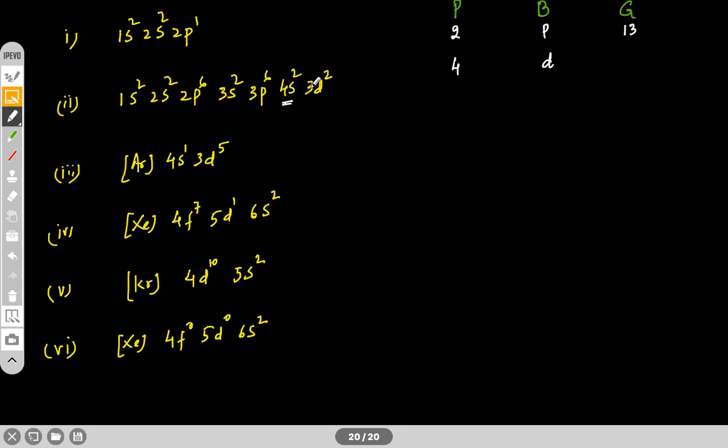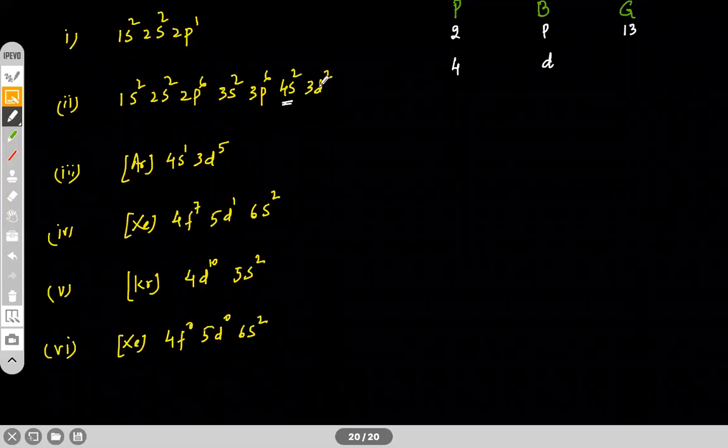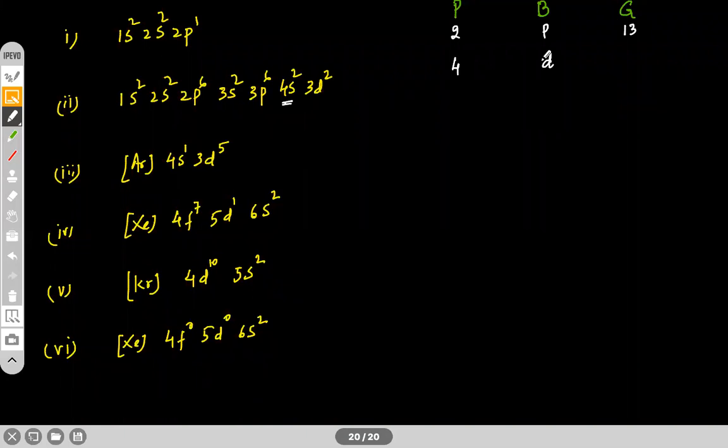So the outermost shell is the 4th. When you take an electron out, it first comes out from the 4s subshell, not 3d. That's why in the formula we have (n minus 1) d subshell. So n is 4, n minus 1 is 3, and 3d has 2 electrons.